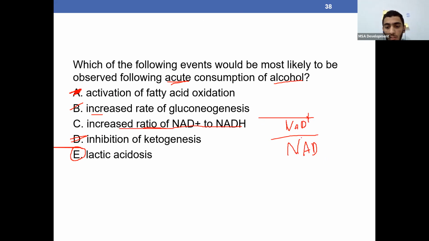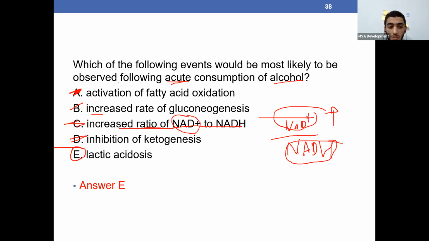If it says an increased ratio, always look at the first number. An increased ratio of NAD+ means there is an increase in NAD+. But we said that NAD+ is going to be converted to NADH in the metabolism of alcohol. Therefore, this is also not the answer, which leaves us with E.